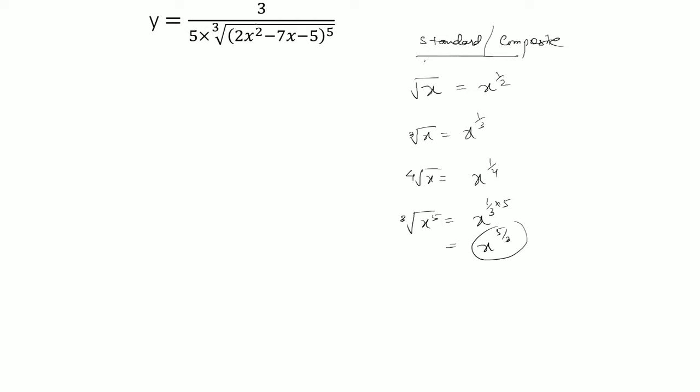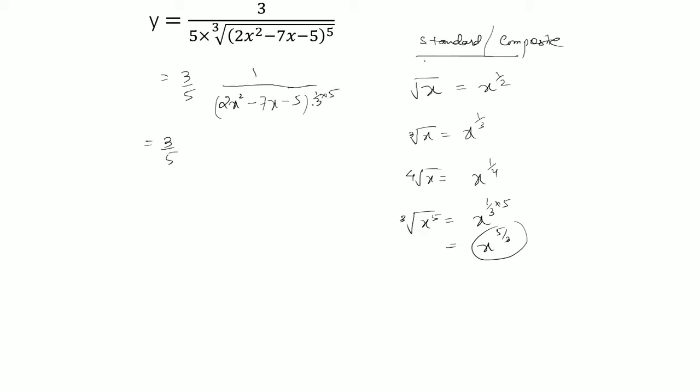So here also there is a cube root and the expression is raised to 5. So it will give you 3 by 5, we can write as a constant, 1 upon (2x square minus 7x minus 5) raised to 1 by 3 into 5. So this gives us 3 by 5.